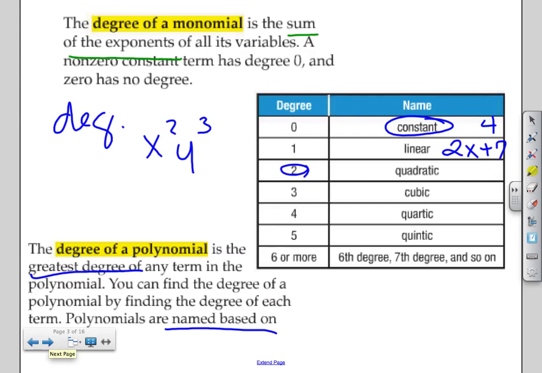And so on. Cubic is 3. Quartic is 4, and quintic is 5. But really, this is what we're going to be focusing on in this chapter. And if they're greater than that, it's to the 6th degree or to the 7th degree. And this chart is also in your book, so if you don't have time to copy it down now, or if you want to pause the video, if you're watching the video, you can do that.